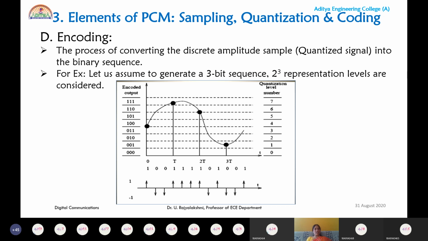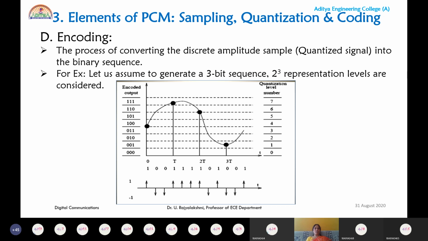Already I told you that this binary sequence is also called a code sequence, information sequence, or data sequence. So what is the quantized signal? Discrete amplitude samples act as input to the encoder, which converts them into a binary sequence in the form of zeros and ones. Let us see this graph.